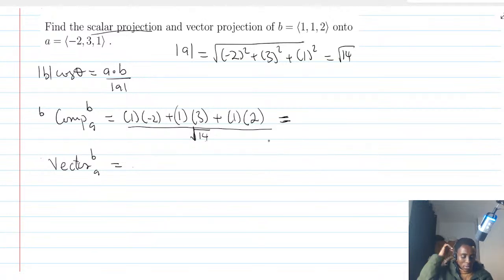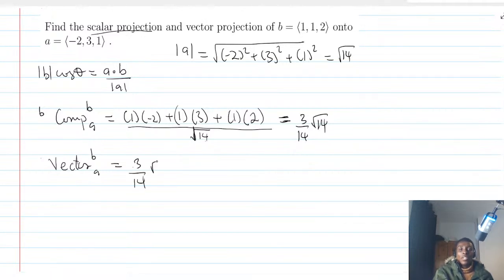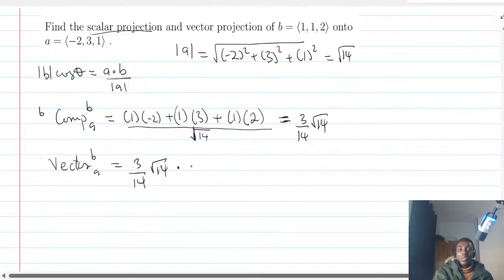Can anyone give the answer? So it is 3 on 14 root 14, and then multiplied by the unit vector, which is 1 over root 14 multiplied by A, which is -2i plus 3j plus k.